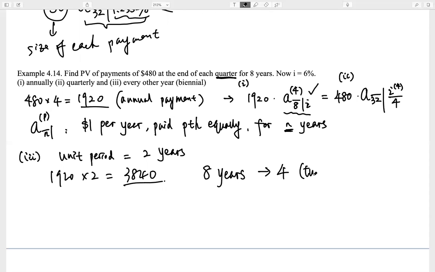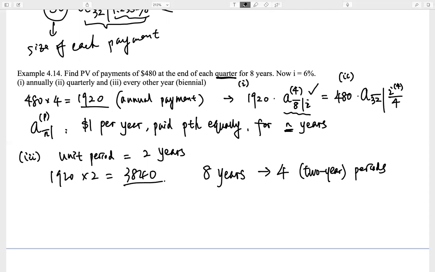So it's a little awkward, because now each period stands for 2 years, right? So 8 years means 4 2-year periods, because one period equals 2 years, right?